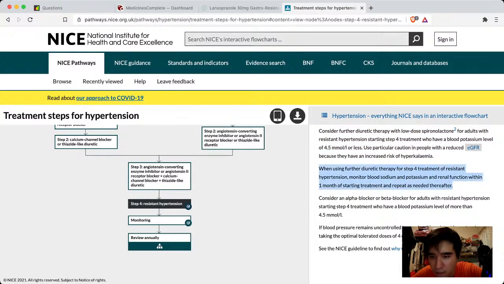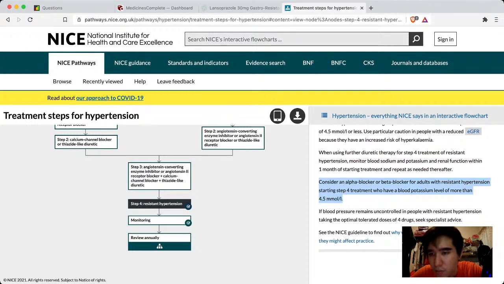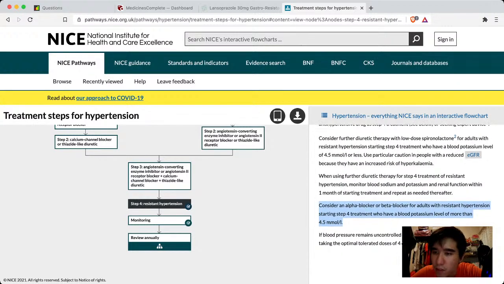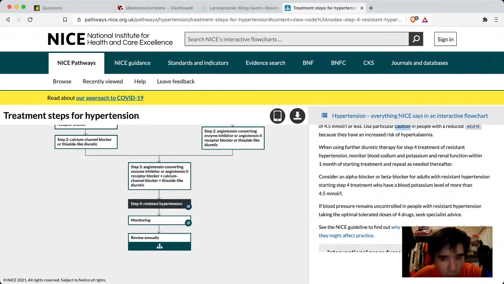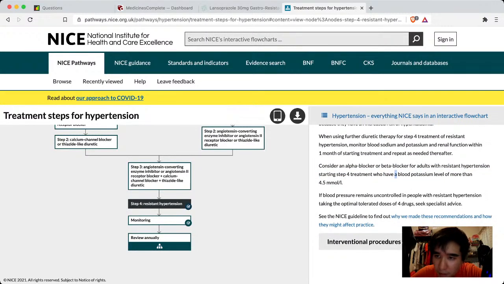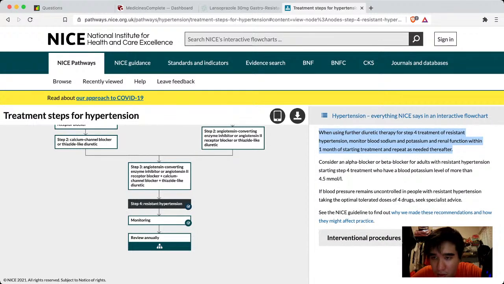Consider an alpha blocker or beta blocker for adults with resistant hypertension starting step 4 treatment who have a blood potassium level of more than 4.5. Okay, so at 4.5 or less add spironolactone. More than 4.5, I would consider either an alpha blocker or beta blocker. I'm not sure about what's going on here with the diuretics. Probably somebody with heart failure, you want to add a diuretic as the 4th step.